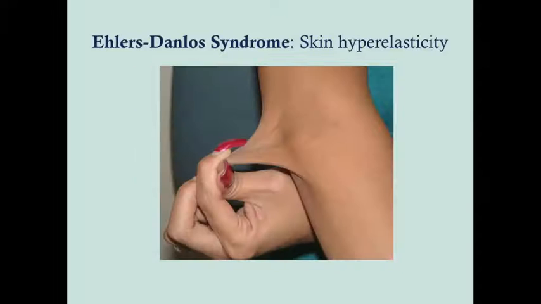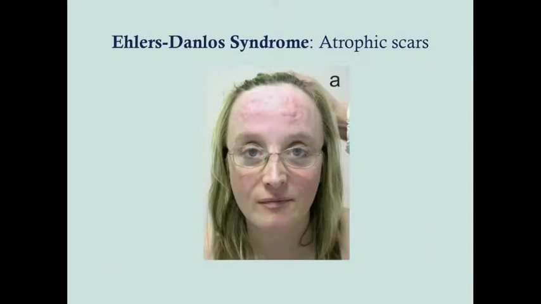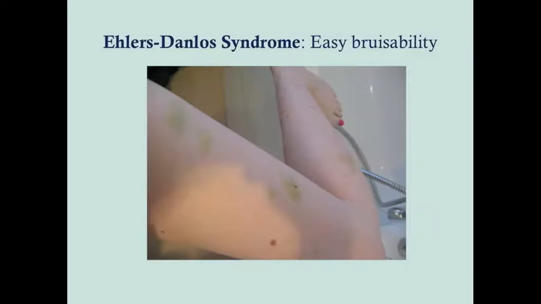If you were to pull this skin away, in cutis laxa, the skin would just hang. Okay, but in EDS, you pull this skin away and it's going to snap right back into normal position. So it's hyperelastic skin, but it will retain its elasticity when it's released. So it's not lax skin, it's just hyperelastic.